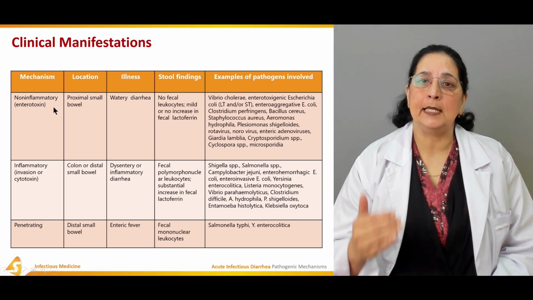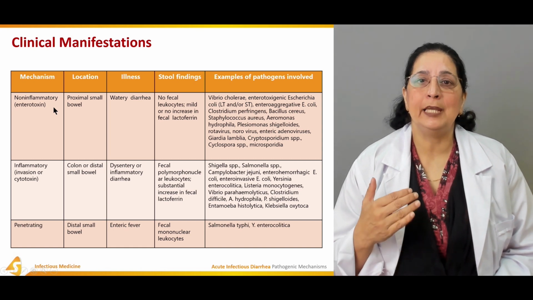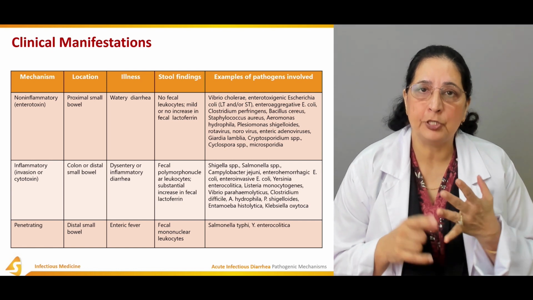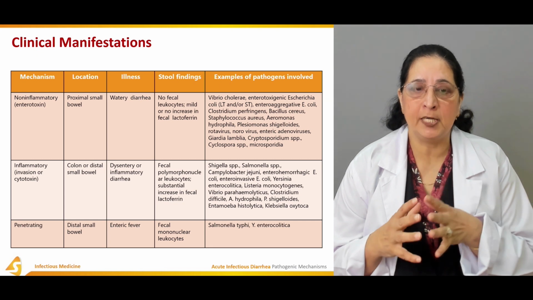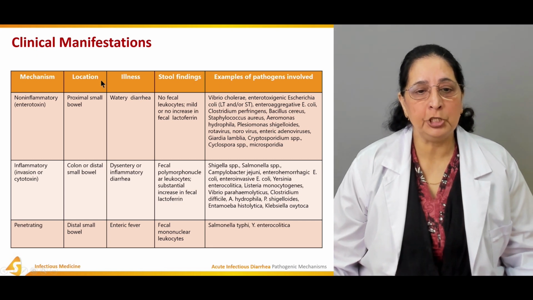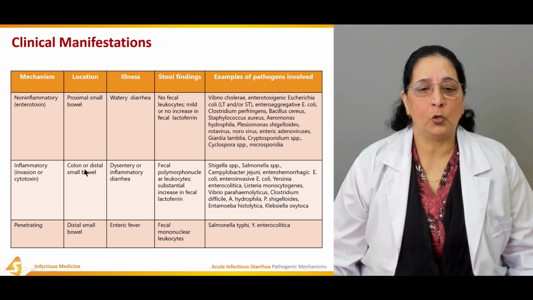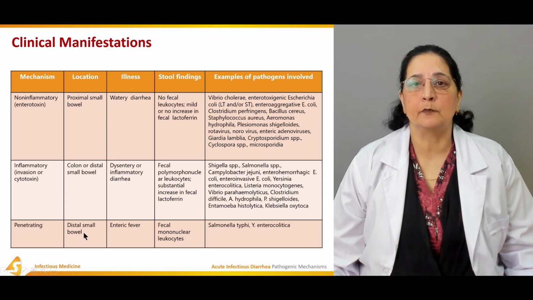So three mechanisms are mainly associated with acute infectious diarrhea. It can be non-inflammatory, inflammatory, and penetrating. So three types. Location is proximal small bowel, then colon or distal small bowel, and then distal small bowel.